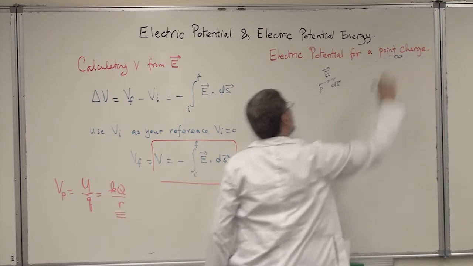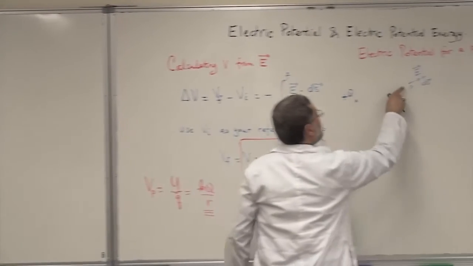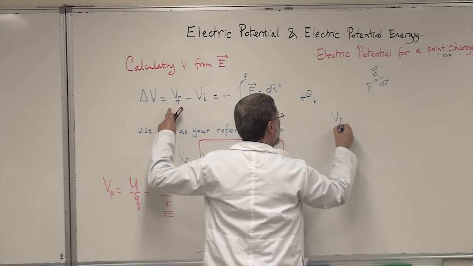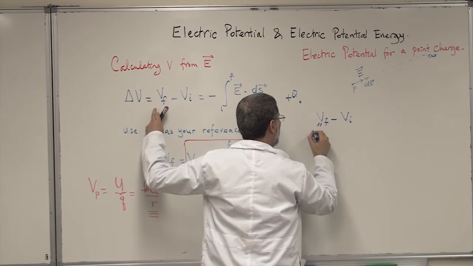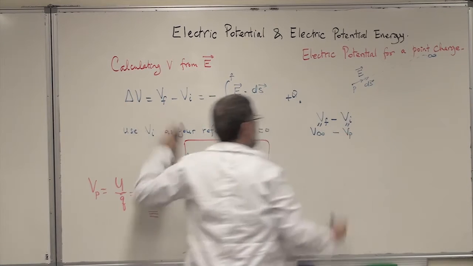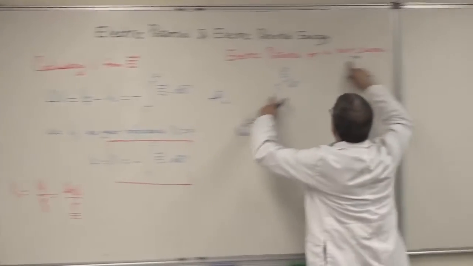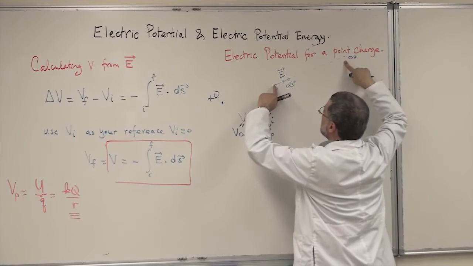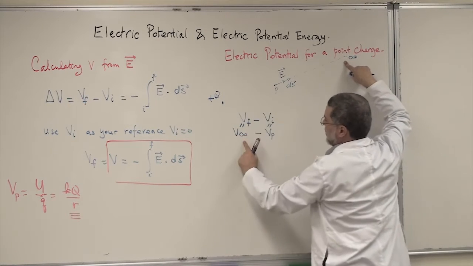So I'm moving along this line from point P to infinity, and I want to calculate the potential at point P. My V final minus V initial: V final will be V at infinity, and V initial will be V at point P. My final point is when I am at infinity. There's no other charge, this is the only charge available. Now I'm moving from V at point P to V at infinity.